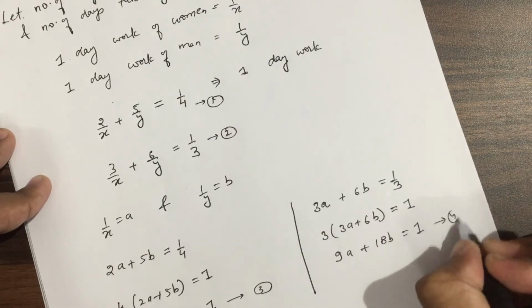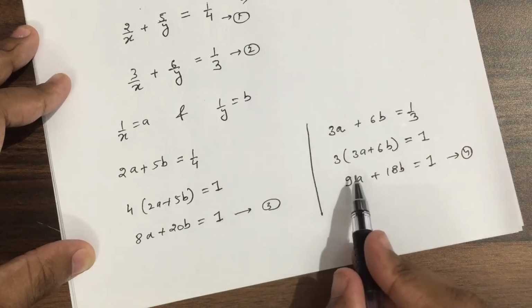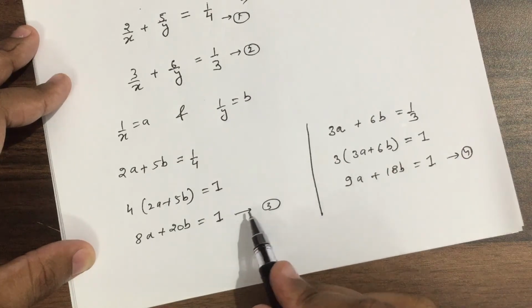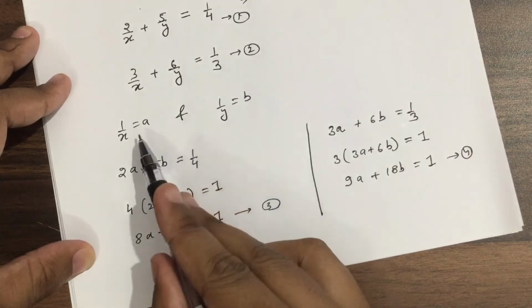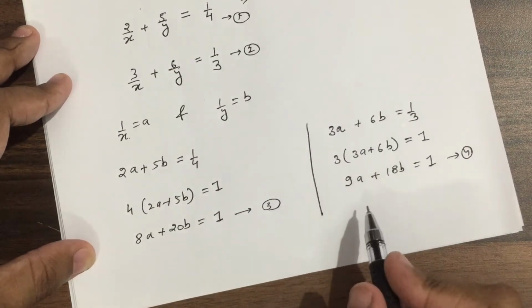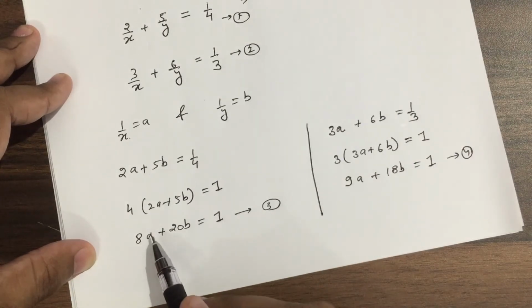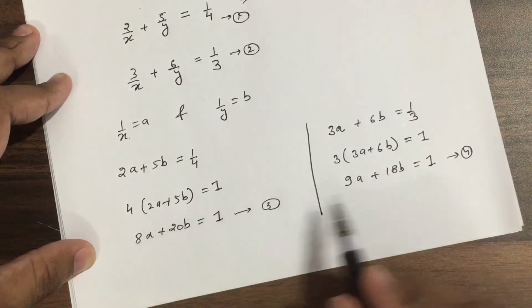This will be your equation 4. So these are your two equations 3 and 4. Now we will solve them, find the value of a and b, and from that we will find value of x and y. Okay?